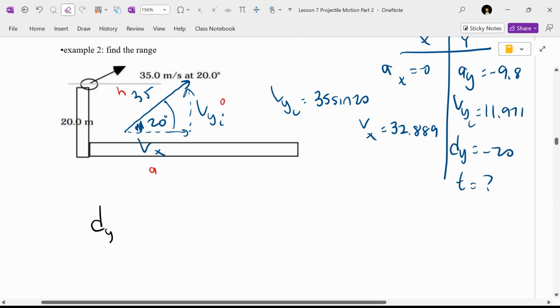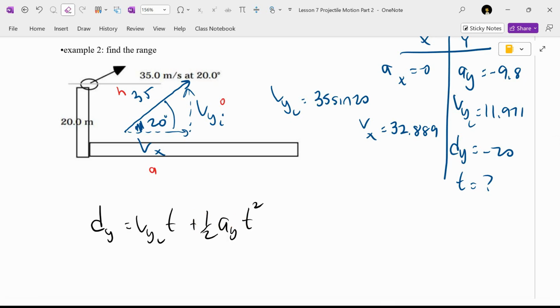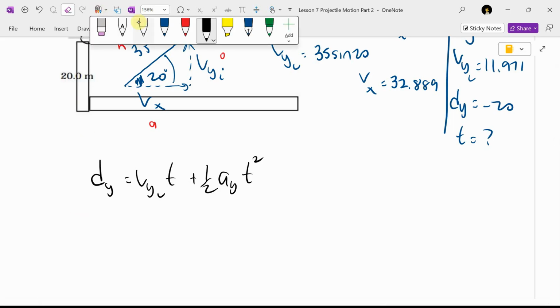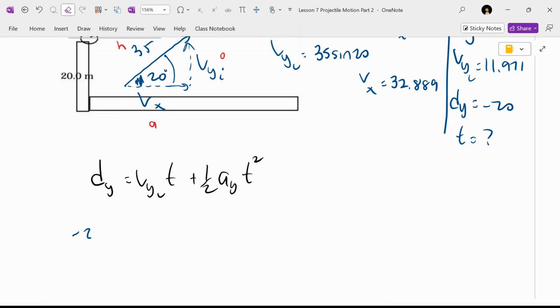It's going to be dy equals vy initial t plus a half ay t squared. It's going to be negative 20 equals 11.971 t minus 4.9 t squared. I did half of negative 9.8 in my head.